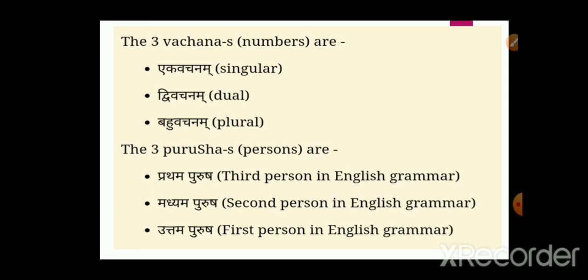Singular means a single number, one, and dual means two, and Bahu, plural, means more than two. Any number greater than two can be called a plural, that is Bahuvachanam.